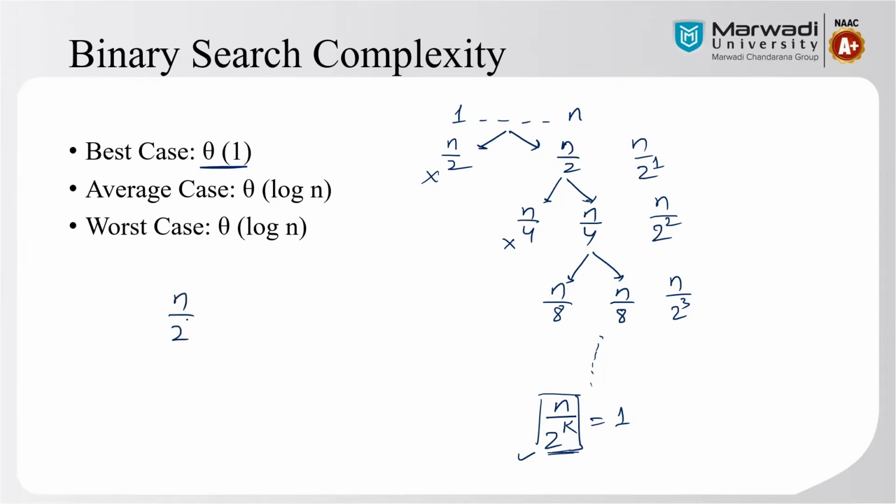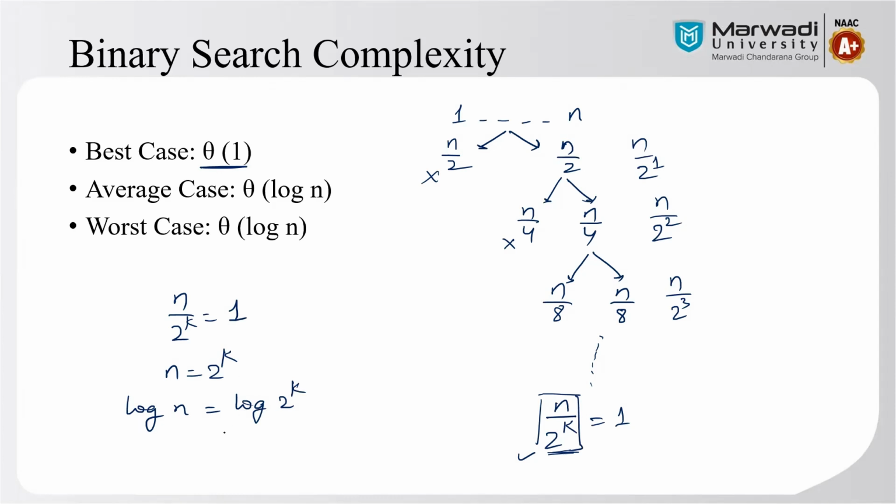Now we just have to solve this equation and we will get our complexity. If you solve this, you will multiply 2 raised to the power k with 1, so n equals 2 raised to the power k. We will have to take log on both sides. Then this will become log 2 raised to the power k.